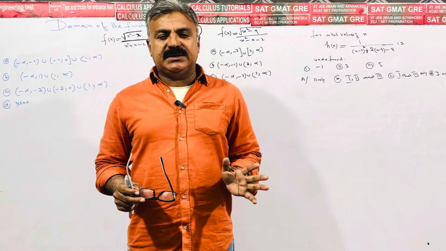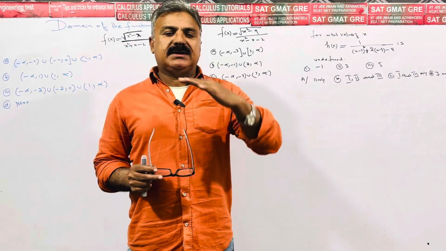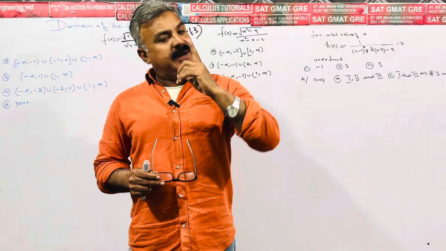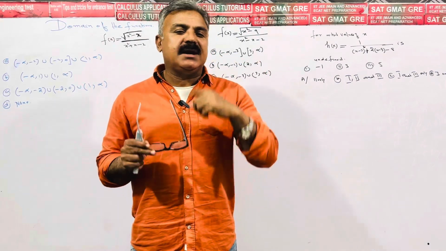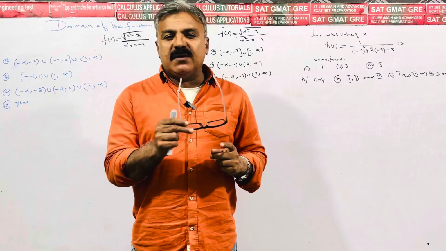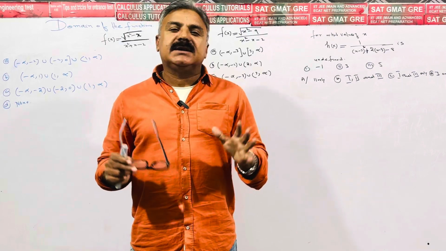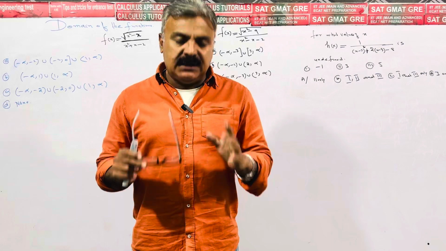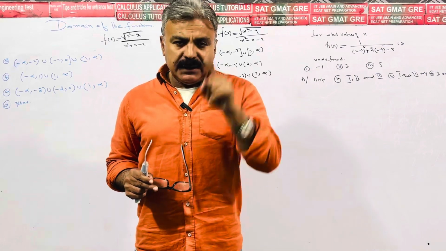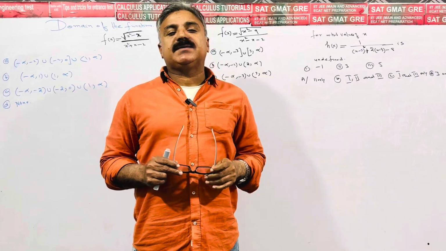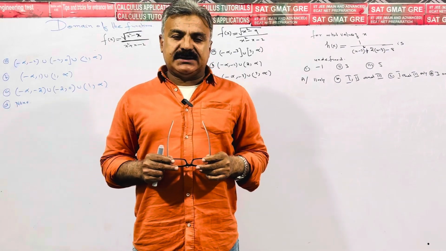Number one, the denominator doesn't vanish. Exclude all the values where the denominator is zero. Number two, in square root, no negative value is affordable, because in calculus we mostly deal with real valued functions. In square root, we cannot afford a negative sign because it leads to complex numbers or iota.